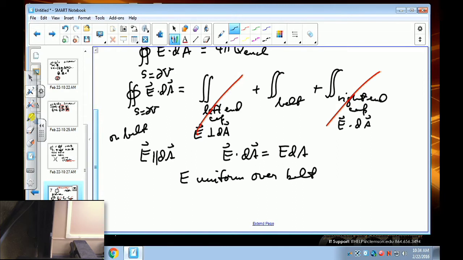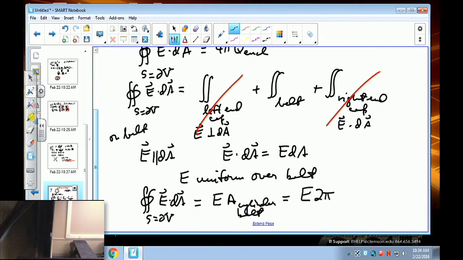So that says then that the flux, I'm reminding you of this, we've done this before, is just E times the area of the cylinder, the belt, which is 2 pi r, the radius of the cylinder, times the length of the cylinder. Okay?